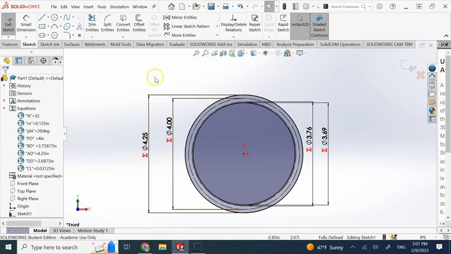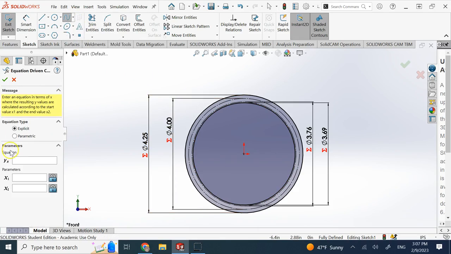Now what I need is I go here under spline and use the equation driven curve. And here you can do explicit or parametric. Ours is parametric, so we use that. And the time here is changing from 0 to 2 pi, and in SolidWorks pi is an actual variable just like MATLAB. So you do not really need to type in 3.14 or something.